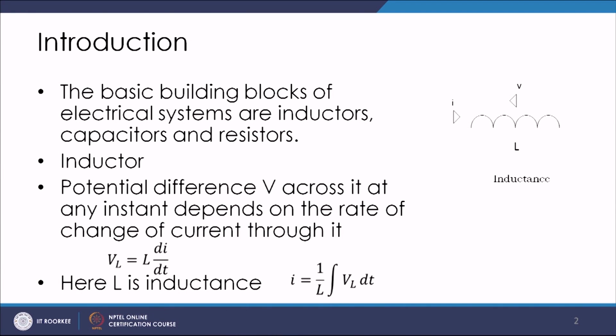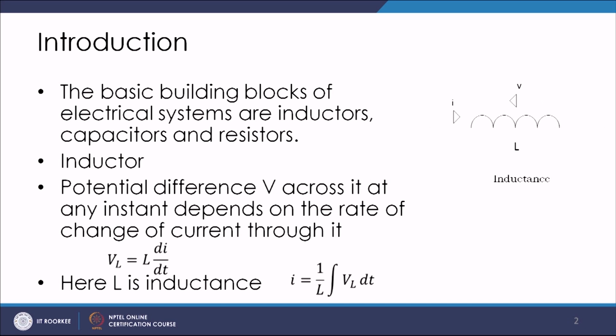Let us first look at the inductor. In this figure you can see the basic schematic of the inductor. In an inductor, the potential difference across it at any instant depends on the rate of change of current through it.